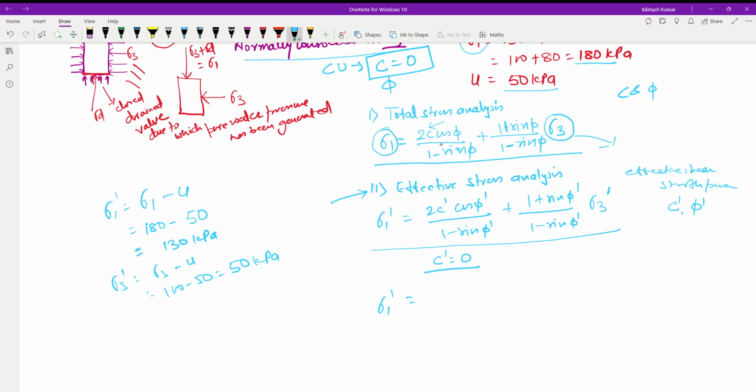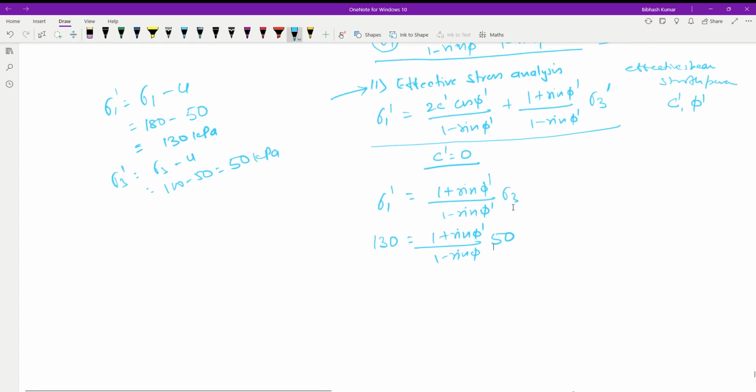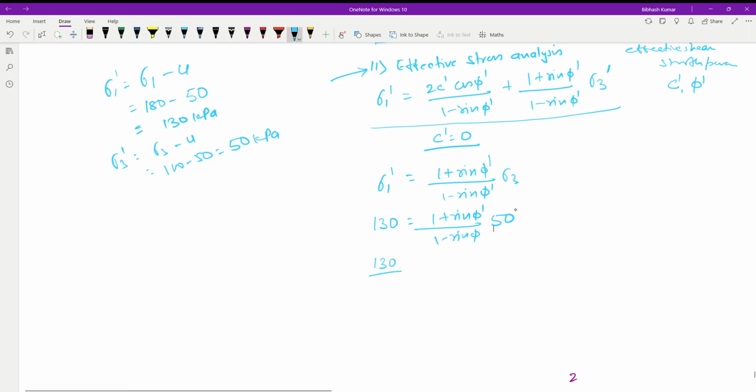Sigma 1 dash is going to be 1 plus sine phi dash by 1 minus sine phi dash into sigma 3 dash. Now substitute the value. This is 130, equal to 1 plus sine phi dash by 1 minus sine phi dash, and this is 50. After simplifying you will get 5 plus 5 into sine of phi dash.